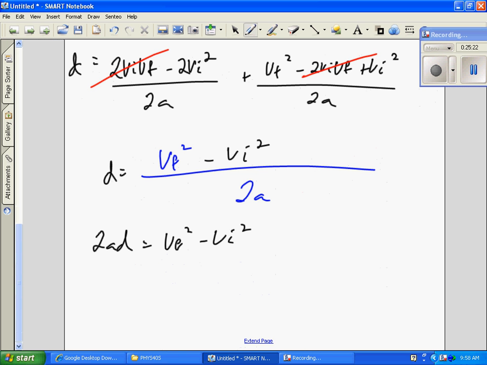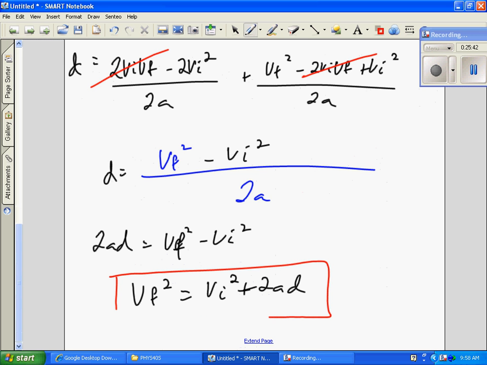Take the Vi squared to the other side, and you're left with Vf squared equals Vi squared plus 2ad. And I'm putting it in a red box. Vf squared equals Vi squared plus 2ad. 2 times a times d, right?